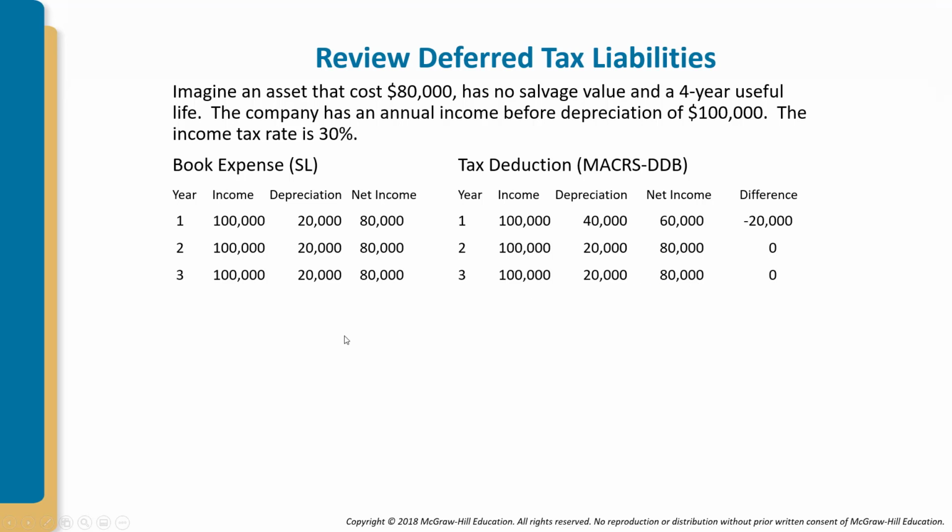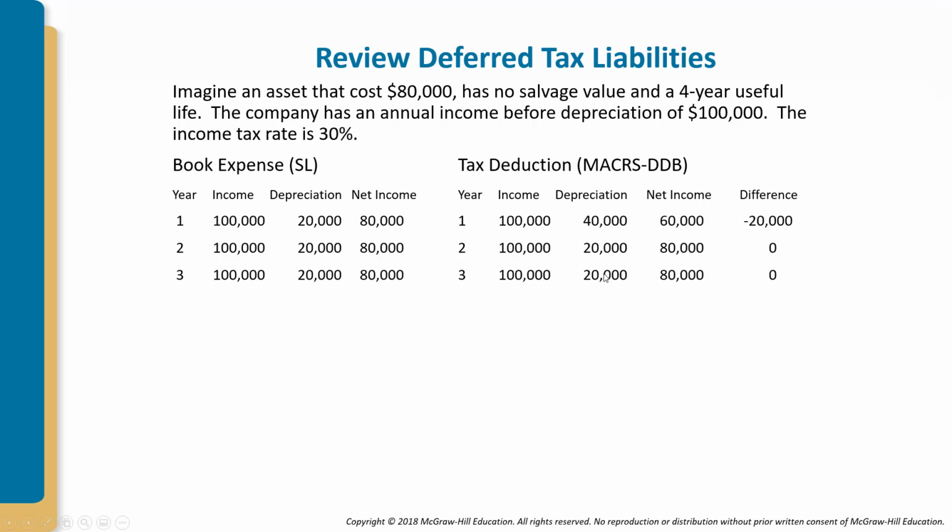Then year three, same thing for book. We have $20,000 here for depreciation under straight line depreciation, another $80,000 in net income. And for tax purposes, double declining balance switches over to straight line under the tax rules. Straight line would be higher than what we would compute for double declining balance, so that would be $20,000 again.